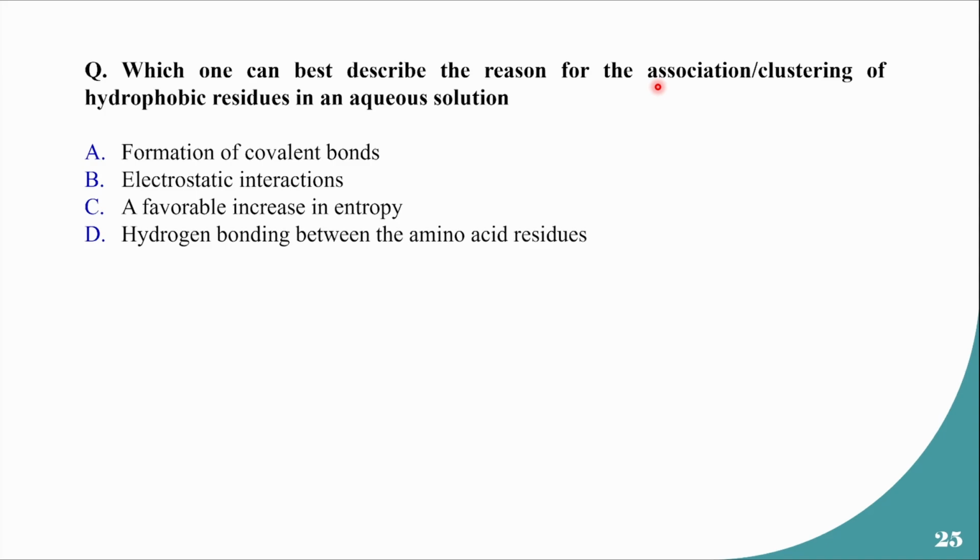Is it the formation of covalent bonds, electrostatics, an increase in entropy, or hydrogen bonding between amino acid residues? What would be the most prevalent force that dictates the hydrophobic clustering? Try to answer in the chat.